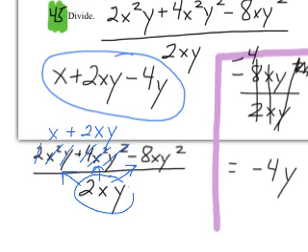Now the 2 goes into 8, or negative 8, negative 4 times. The x goes into the x once, so we don't even need to put that up there. They both cancel out, and the y goes into y squared y times. So notice, now this is gone. Okay, so notice we get the same answer. We get x plus 2xy minus 4y.